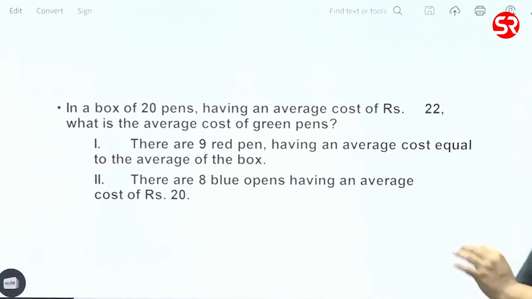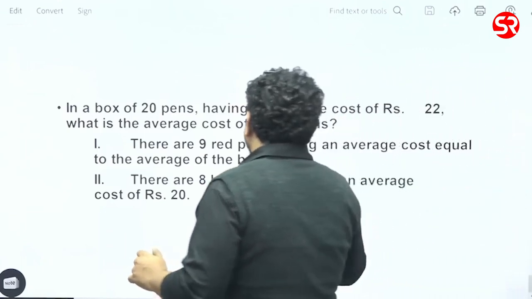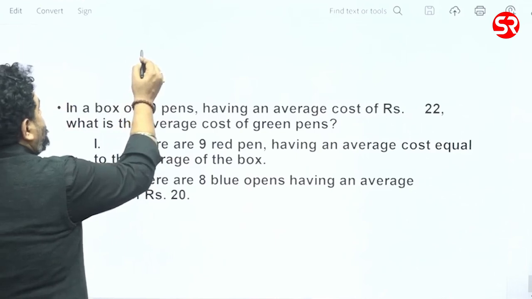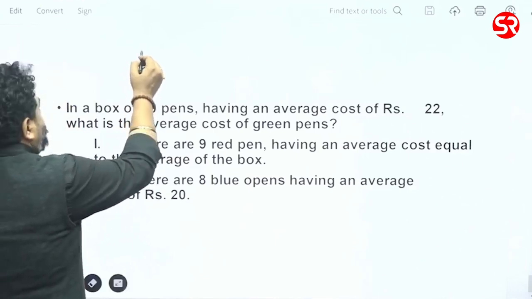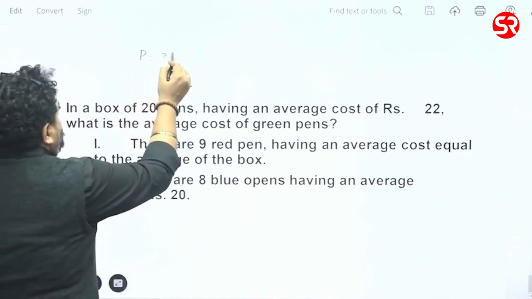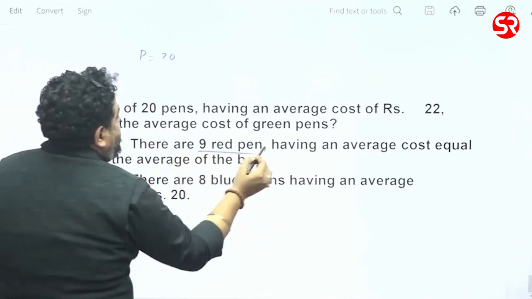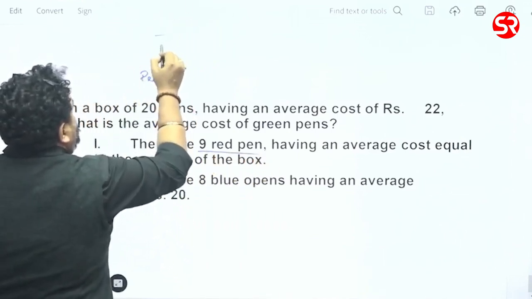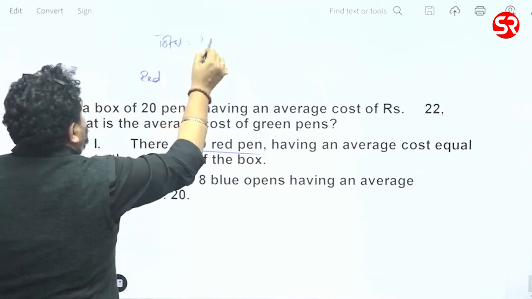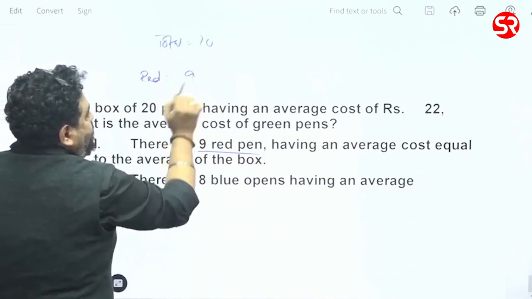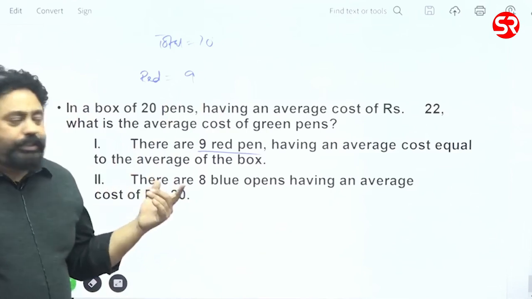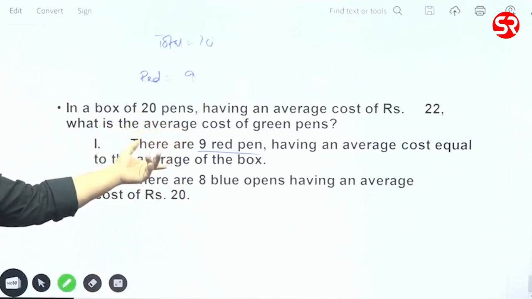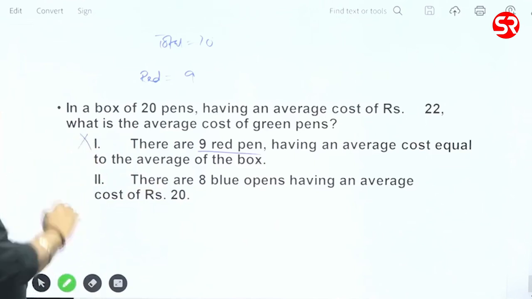He says there are 9 red pens having an average cost equal to the average of the box, right? So there are 20 pens in total, 9 are red, and their average cost is the average cost of the box. But the question is the cost of the green pens. The first statement cannot give us the cost of the green pens, so the first statement is not sufficient.